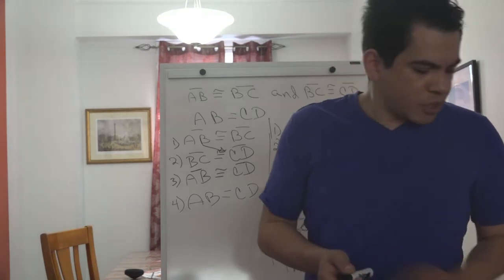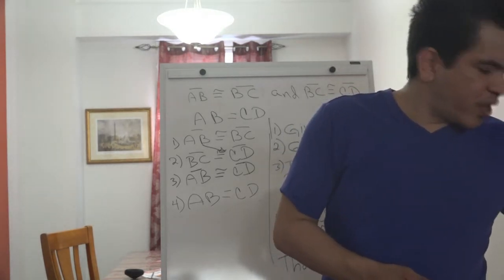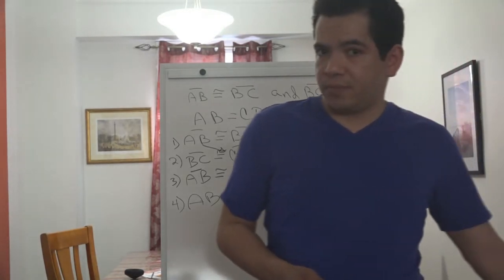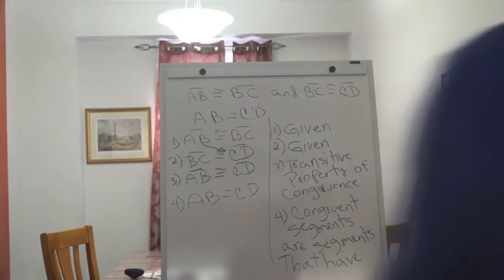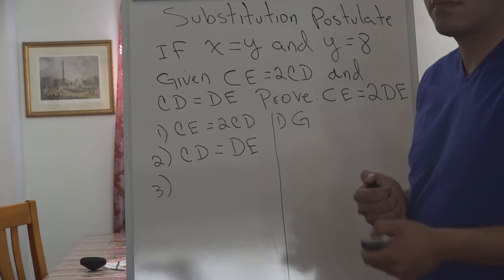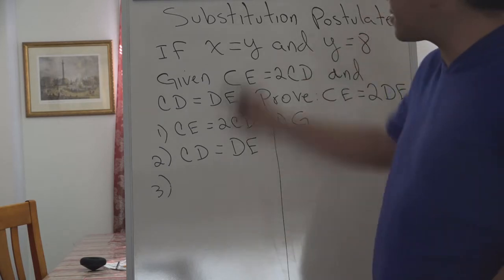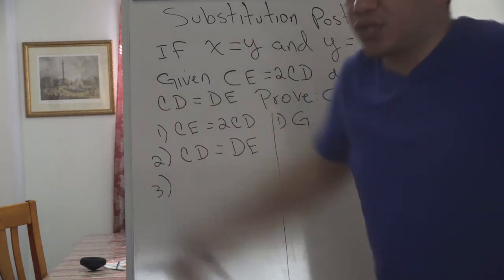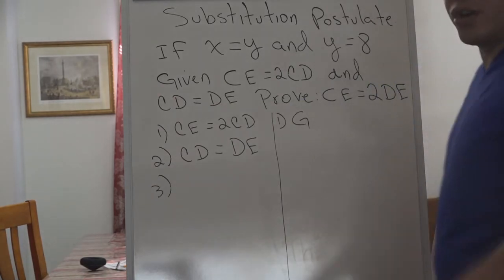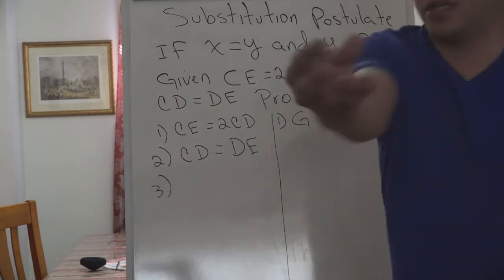Alright. So let's continue with our next property. Okay? Hold on. Alright, so now let's take a look at the substitution postulate. Substitution. Listen. Okay, you don't need to see my face. You just need to see this.